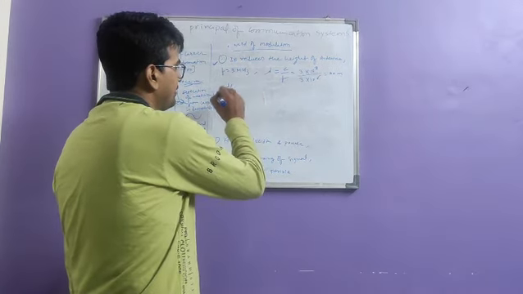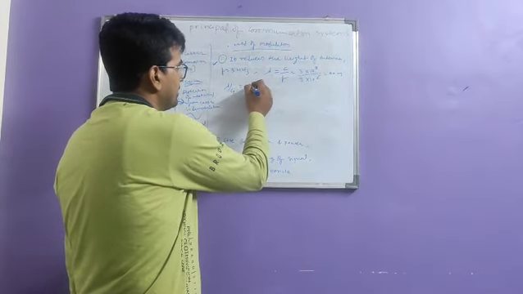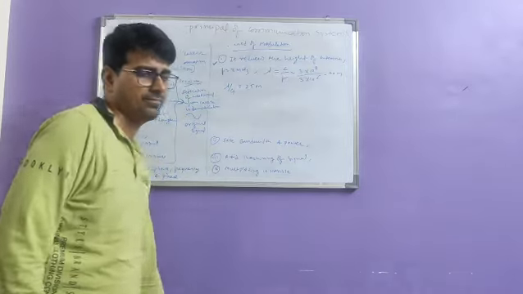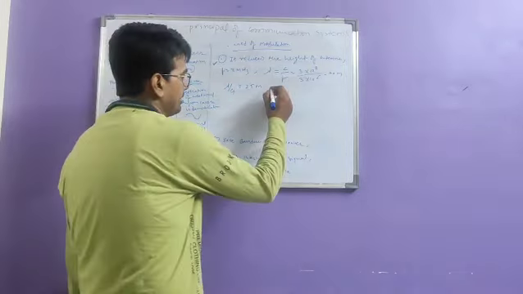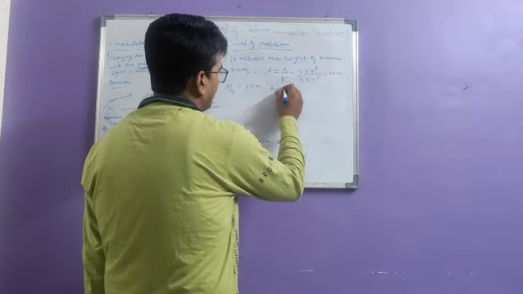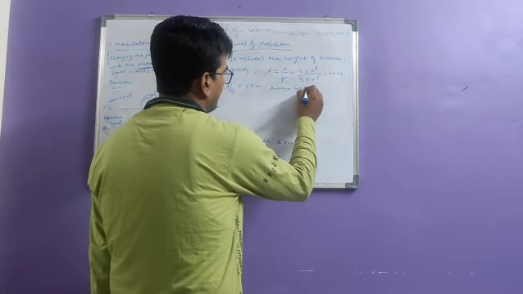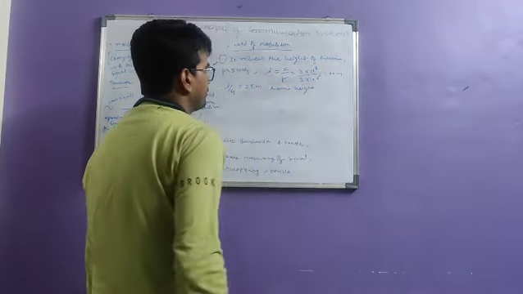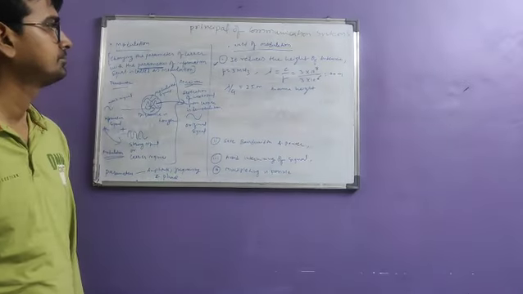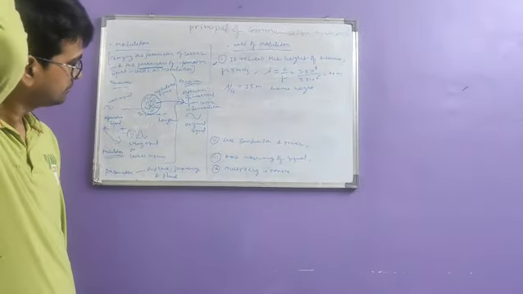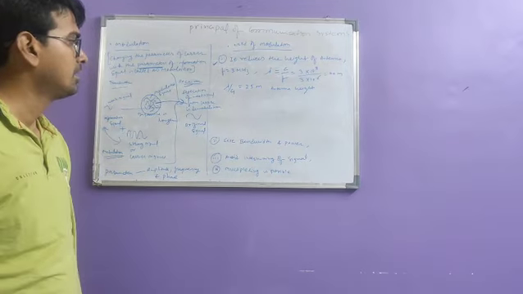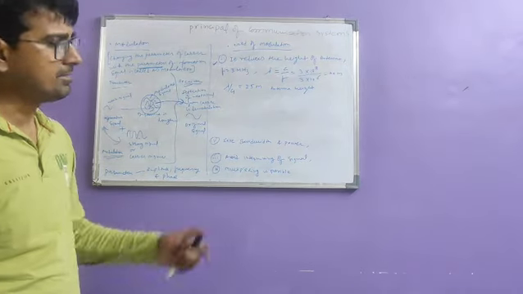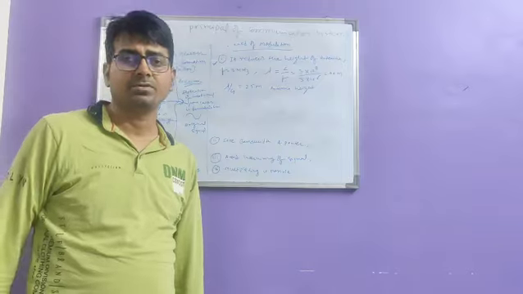We choose the height of the antenna as lambda by 4, so we will require an antenna with 25-meter height. This 25-meter height of antenna is not feasible.